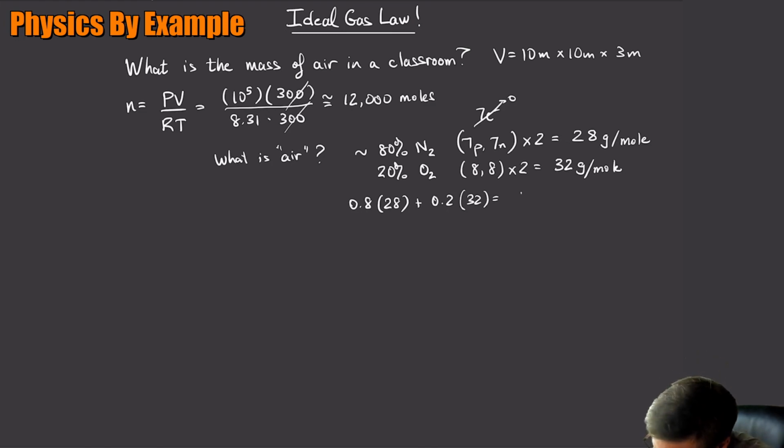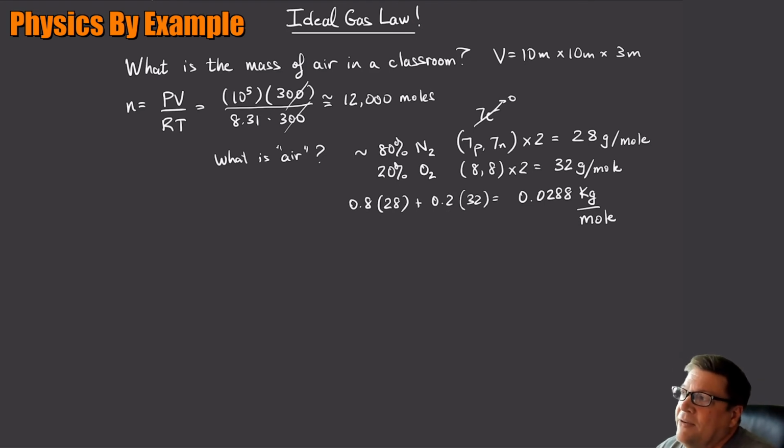So that's 0.0288 kilograms per mole, because we're going to need things in SI units, so I have to convert to kilograms. That's the average molar weight of air in the room, a combination of nitrogen and oxygen.